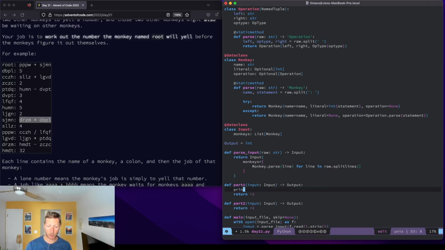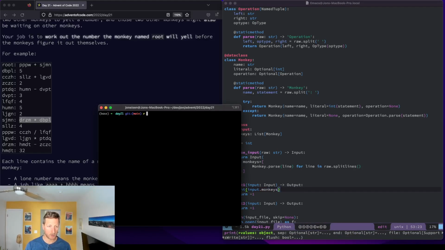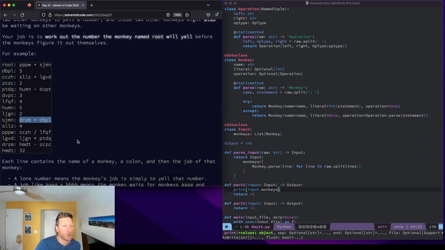Yep, and we can just print input.monkeys here, go to day 21, clear our Python, day 21 example, and yes, we have a bunch of monkeys, and we have a root and all that. All right, cool.